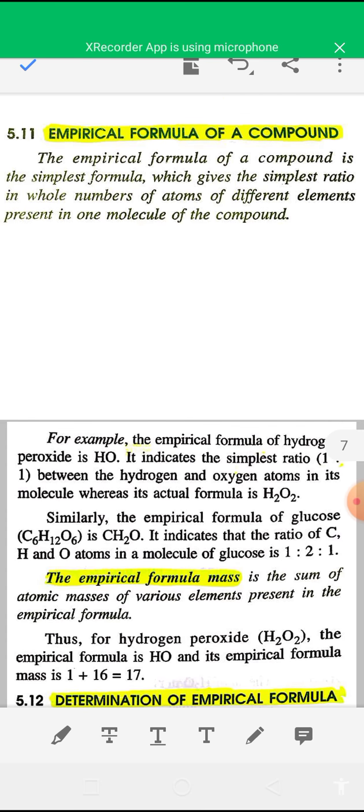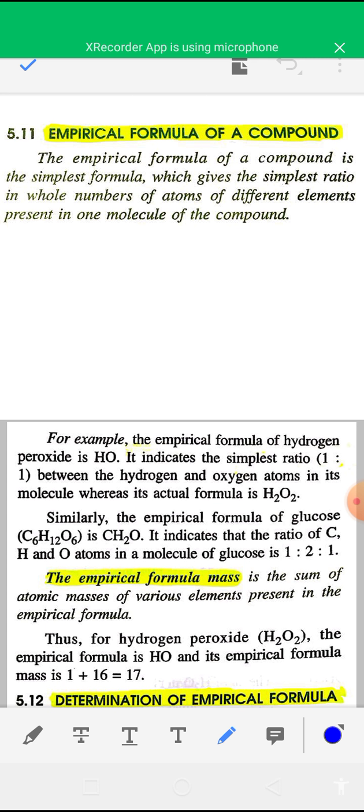Okay, so now the next topic, empirical formula. Empirical formula and molecular formula you have to calculate. So first you have to know what empirical formula is.